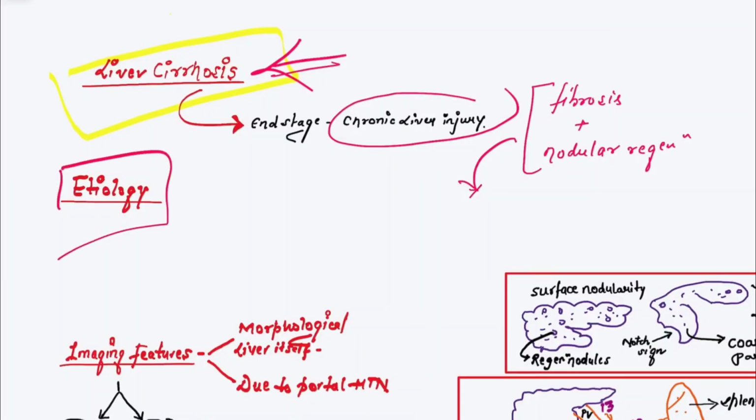It is multifactorial in etiology and the causes include, of course, the most common cause, alcohol. Others are viral hepatitis, then biliary disease, for example primary sclerosing cholangitis, then metabolic diseases, for example Wilson's disease, then autoimmune diseases, autoimmune hepatitis, some vascular causes like congestive hepatopathy, Budd-Chiari syndrome and so on.